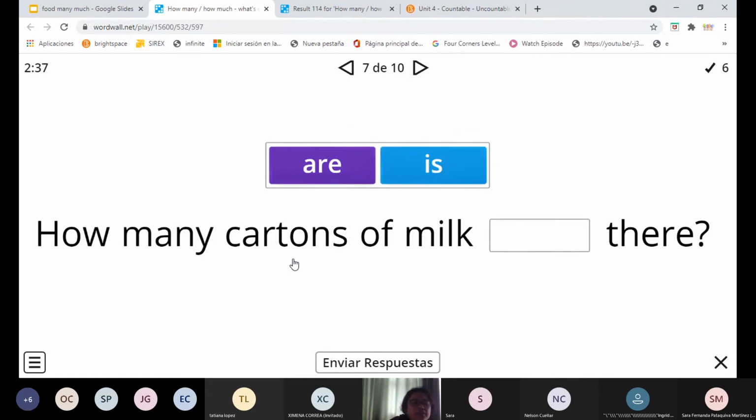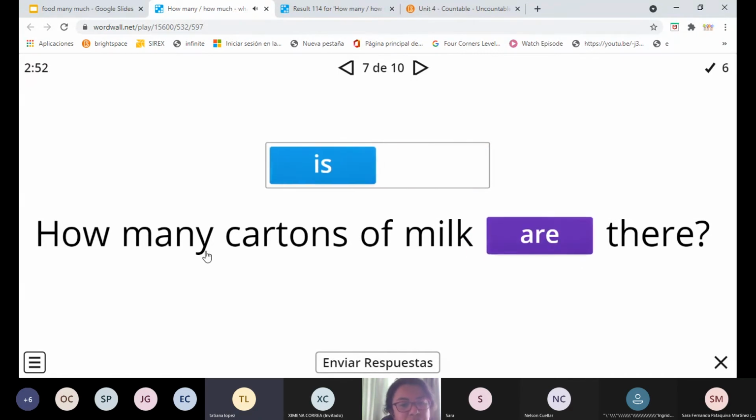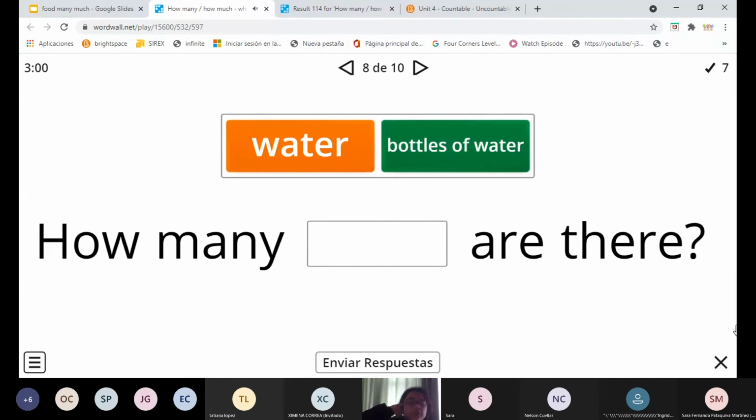How many cartons of milk is there? How many cartons of milk are? Exactly. Acuérdate que no es money, es many. All right. Okay. And how about this one, Tatiana? What's the answer here?